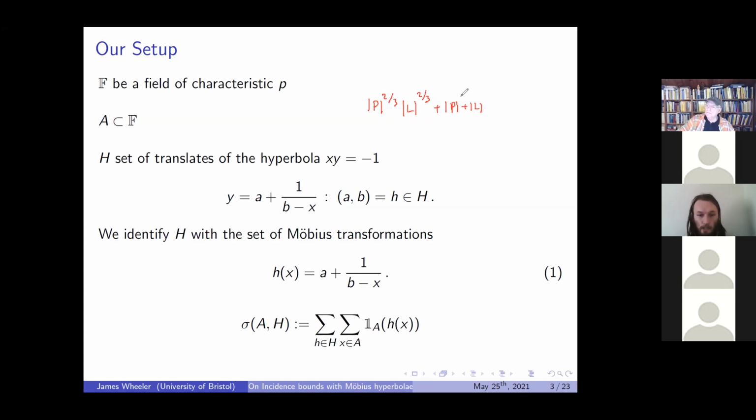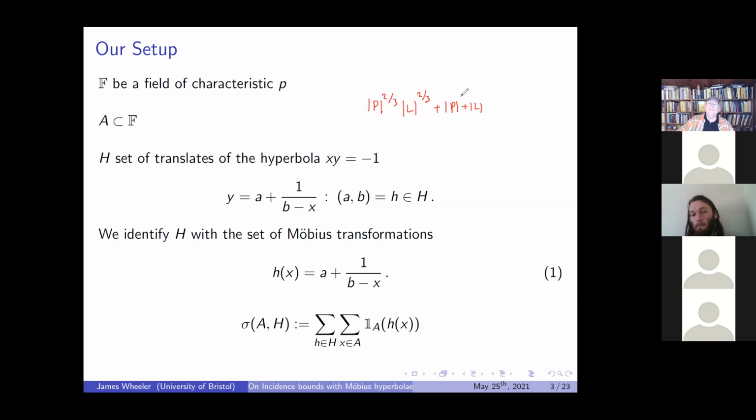For our main result, we're going to be looking at a set of hyperbola which are translates of this xy equals -1 hyperbola. We can replace this -1 with other constants if we need to. Keeping it simple in this talk, -1 is as good as any. It makes the calculations look good.